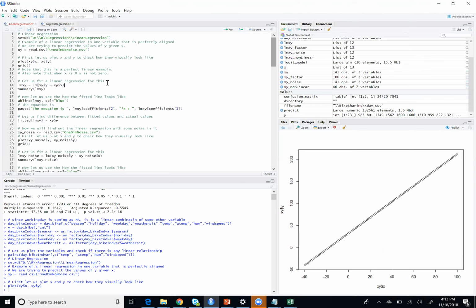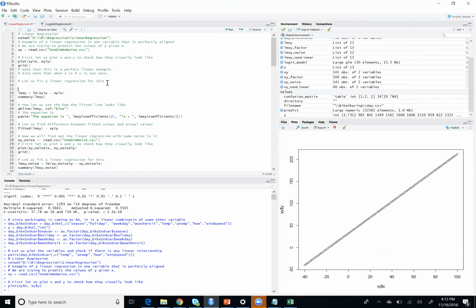You take your data frame which you have loaded. The symbol tilde means versus. So when you're using LM, it is Y versus X, because you want the correlation between Y and X.